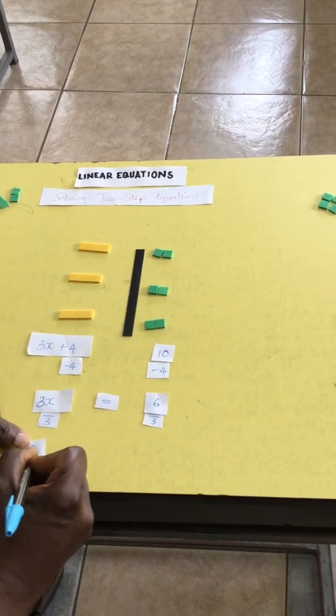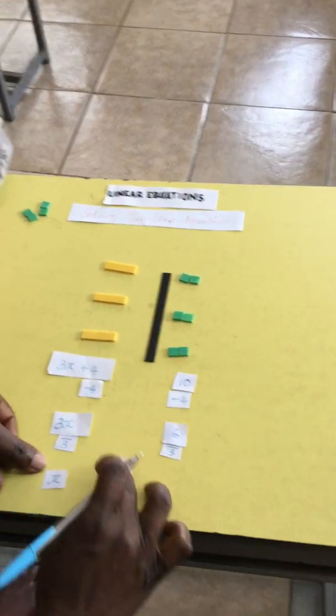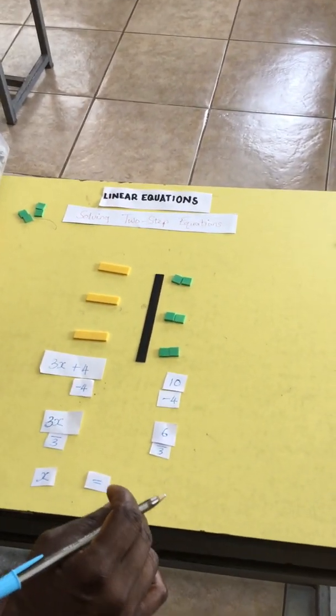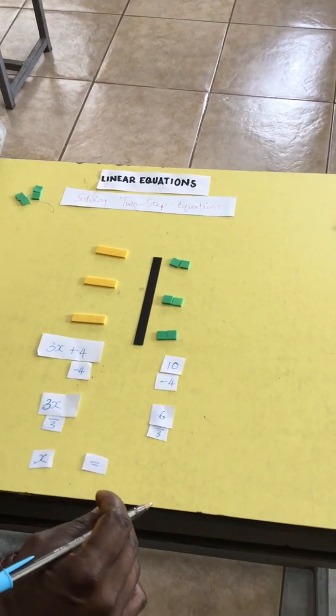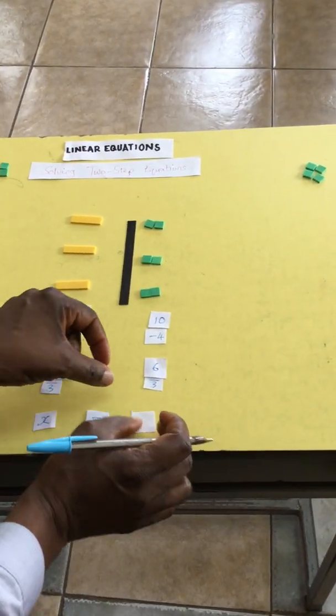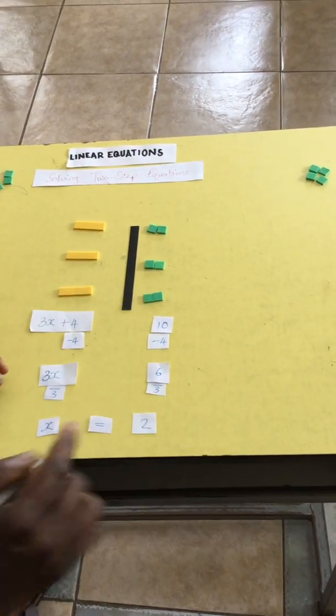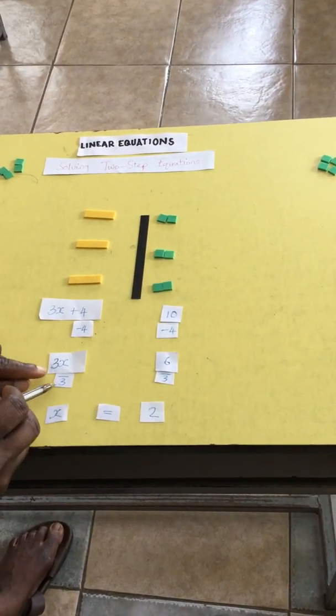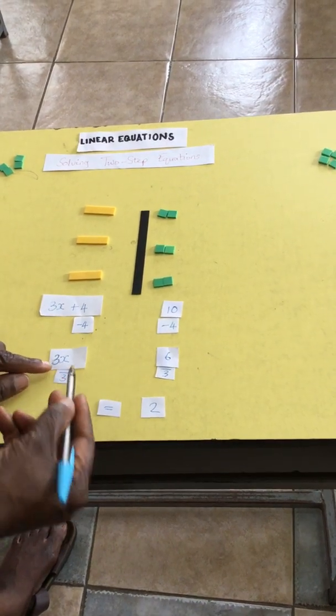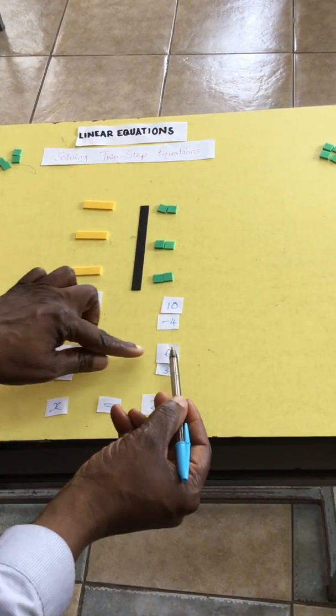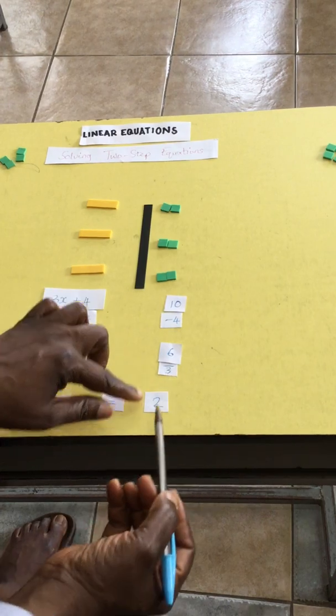x equals 2. So you see 3 divided by 3 is 1. That's x. 6 divided by 3, 2.